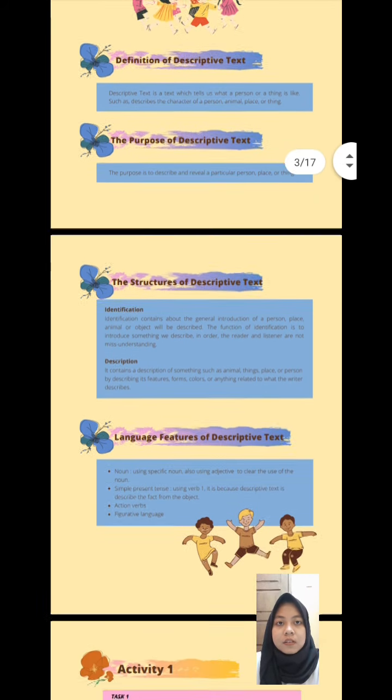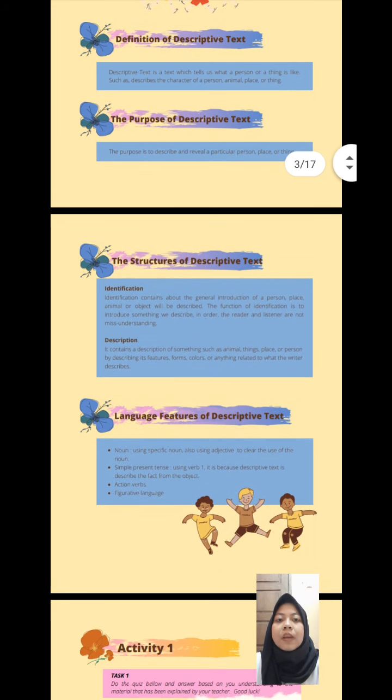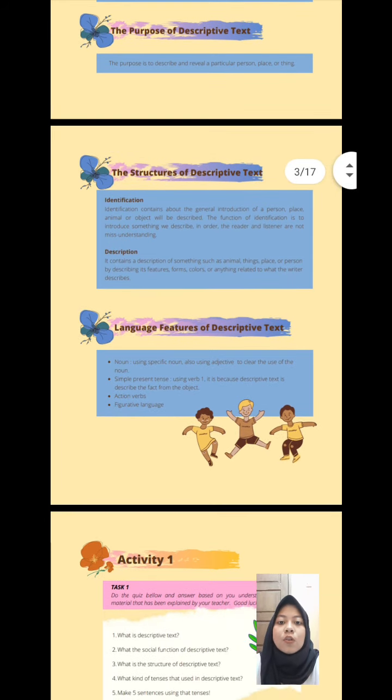After finishing the game, the teacher will explain the material of descriptive text in general. There is a definition of descriptive text, the purpose of descriptive text, the structure, and also the language feature used in descriptive text.